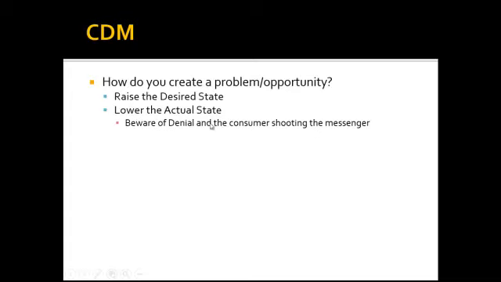Doing that can be effective, but you have to be careful because consumers will often deny that they're struggling or that their actual position is worse than they perceived it to be. And two, sometimes people get upset, and when they get upset, they shoot the messenger. They may go buy a brand, but it's not going to be your brand. It's not going to be from your company.